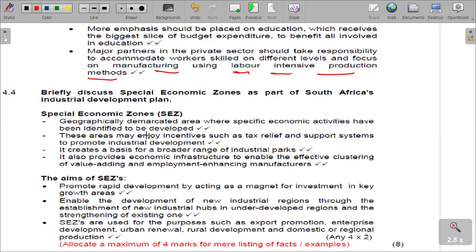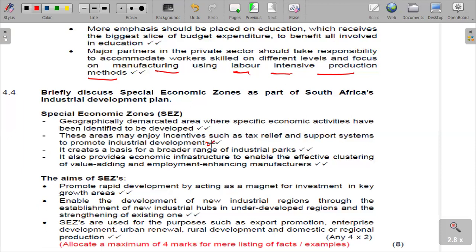These are called special economic zones. They are geographically identified and demarcated and marked, where specific economic activities are identified, and those economic activities must be developed in that regard.